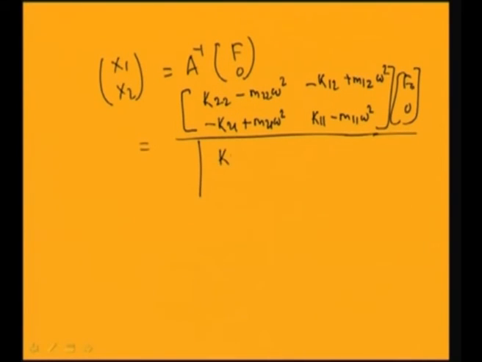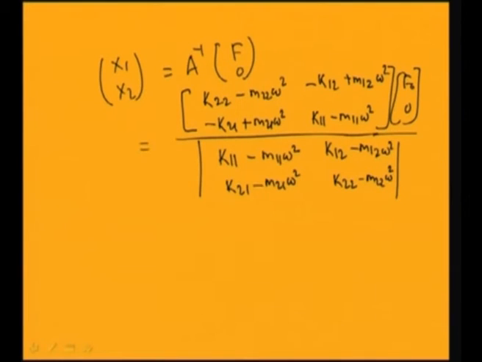So the determinant equals k11 minus m11 omega square, k21 minus m21 omega square, and on this side k12 minus m12 omega square, and k22 minus m22 omega square.